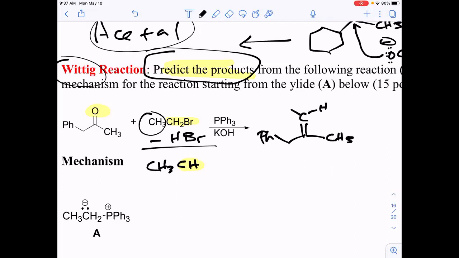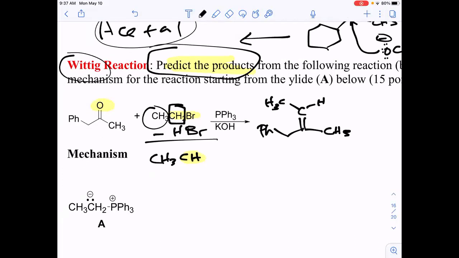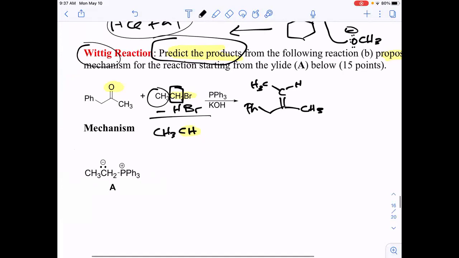H and then CH3. And the reason again why it has to be this carbon where you take the hydrogen from is because in the mechanism you can see right away that that's the carbon. And let me fix that because that is a typo.